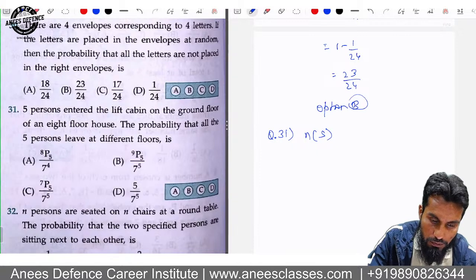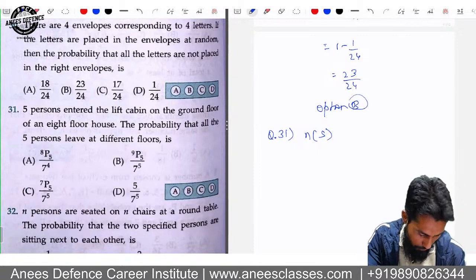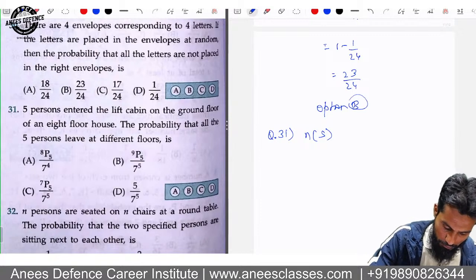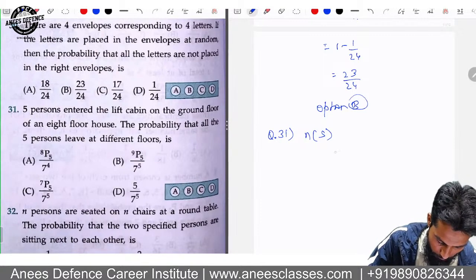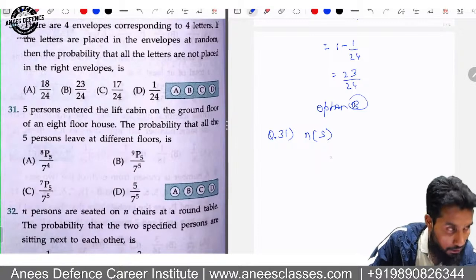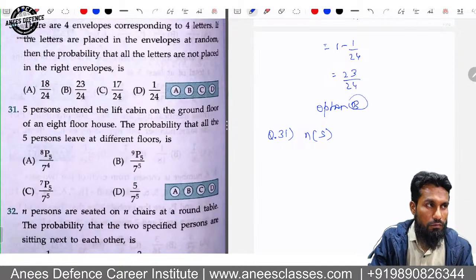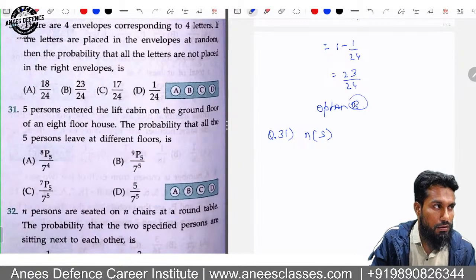Each of the 5 persons can leave the lift at any of the 7 floors. Why are they taking only 7 floors? Why not 8 floors? Why is the 8th floor not being considered? Because they are not going to consider the ground floor, because all are entering on the ground floor.